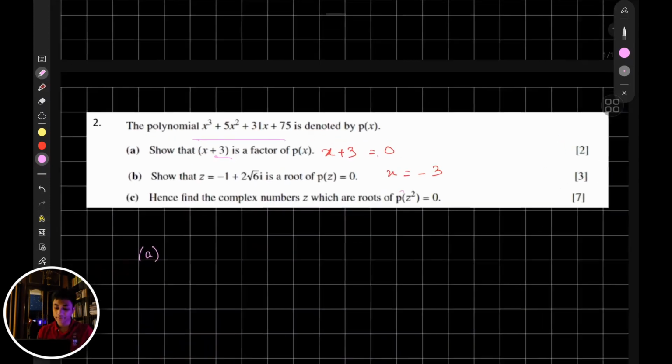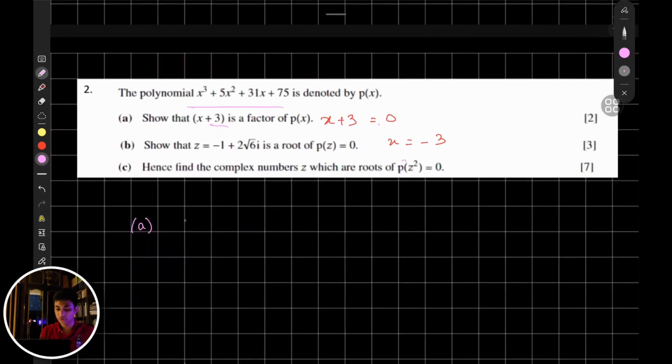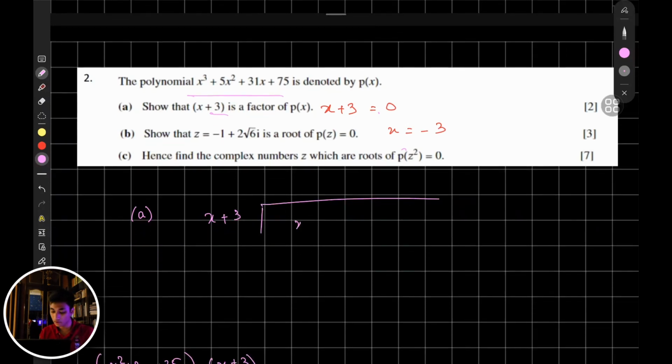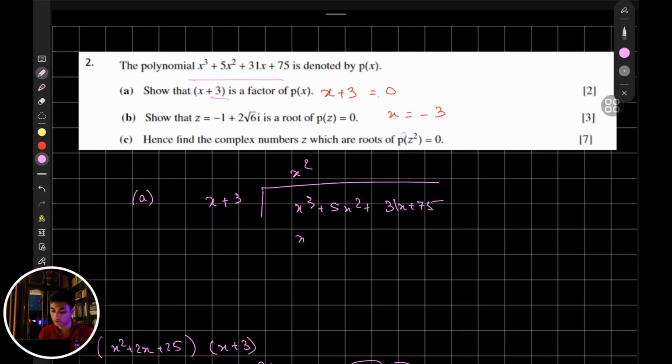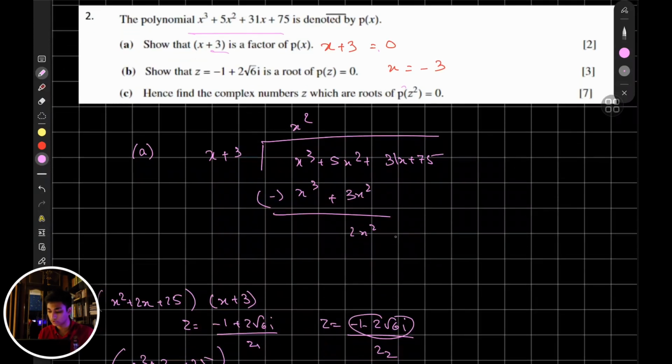Great. So if we do the long division, you divide x cubed plus 5x squared plus 31x plus 75 by x plus 3. If you do that, you can take a value of x squared, x cubed plus 3x squared, subtract, get 2x squared. Great. Drop down 31x. After dropping down 31x, what can you multiply? You can multiply a value of plus 2x.